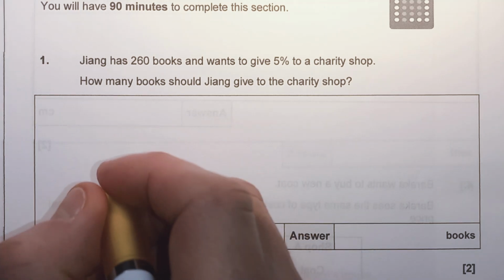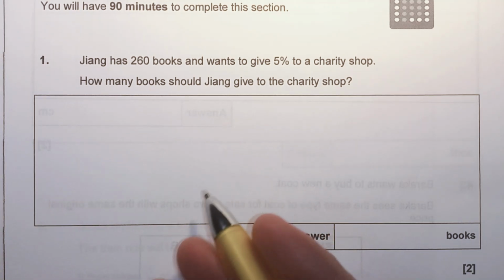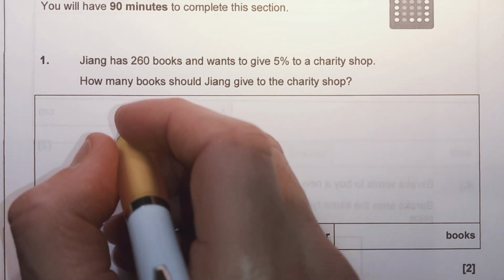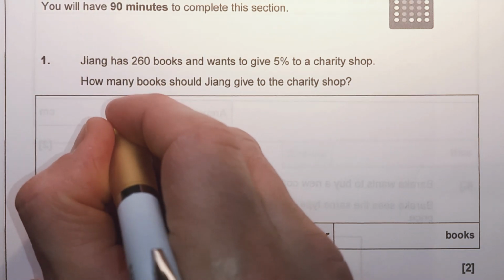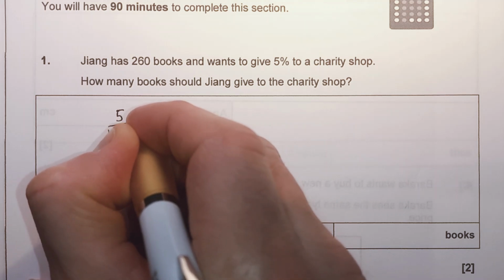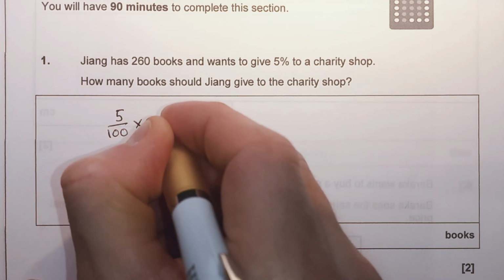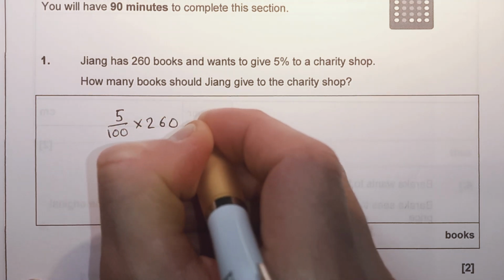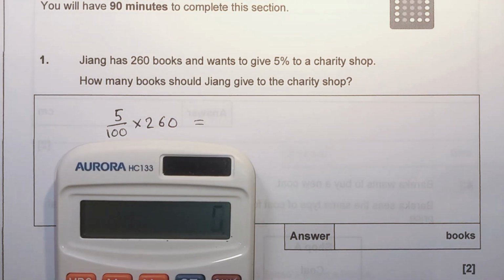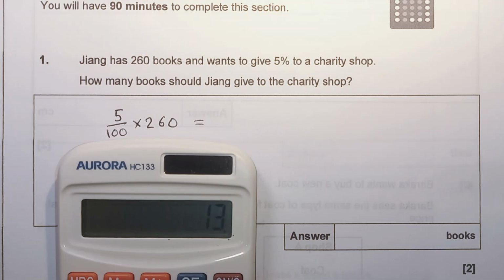You could do this without a calculator, but remember we're in the calculator section now, so we might as well save time and go straight for 5% being 5 out of 100 of 260, so that is going to be times 260. So 5 divided by 100 times 260, we get 13.